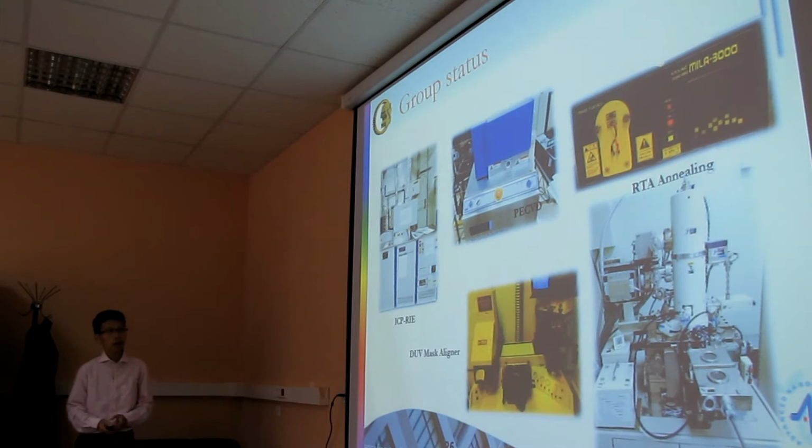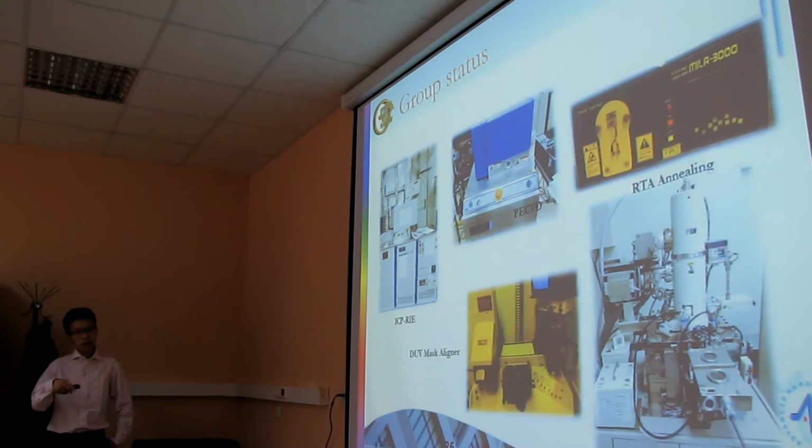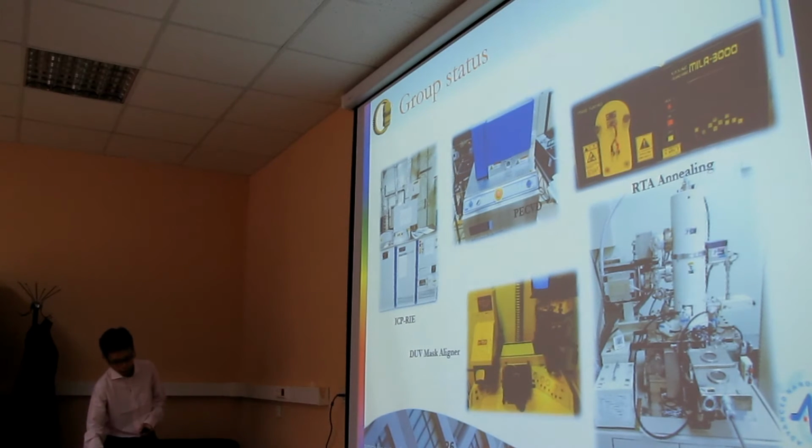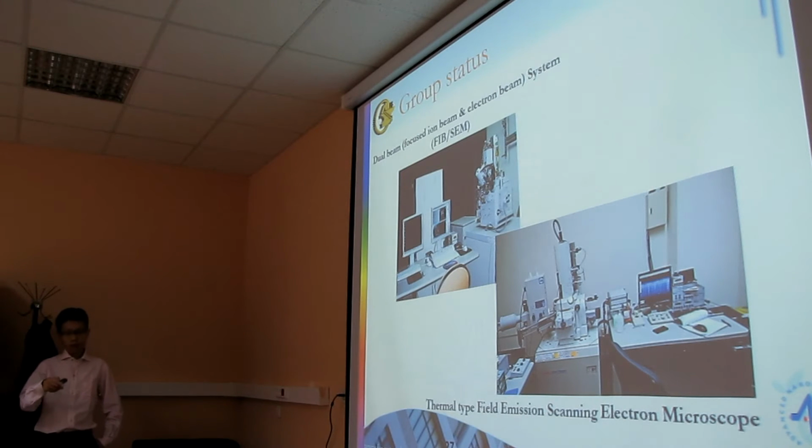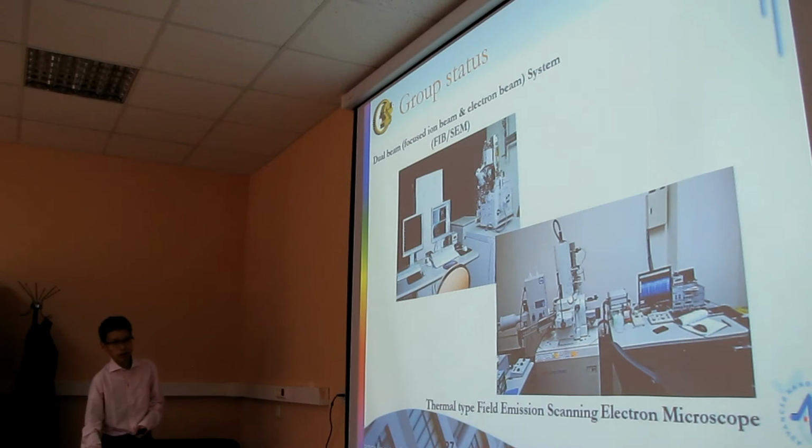This is the stage of the vacations. Here I just list some facilities in our lab that we use, including the focused ion beam system and also the SEM system for imaging.